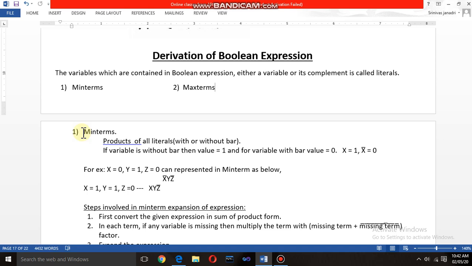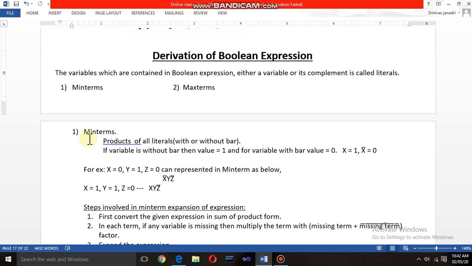If we say that a system is in minterm form, then a product of all literals is called a minterm, so every product contained in that equation should be a product of all the available literals.